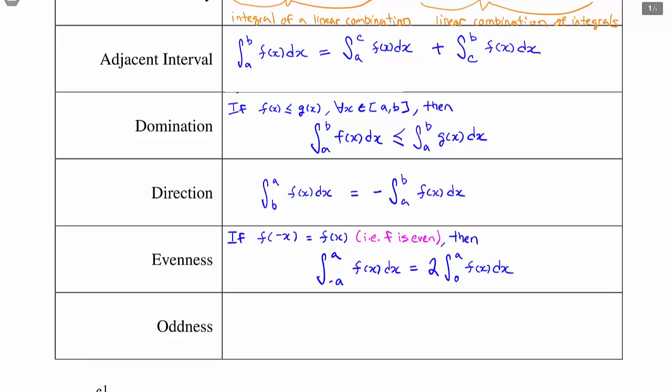Both the part from minus a to 0 and the part from 0 to a have to be the same because of the evenness. Oddness. If we had the property that f of minus x is equal to minus f of x, then the integral around 0 again, so from minus a to a of f, has to be 0.